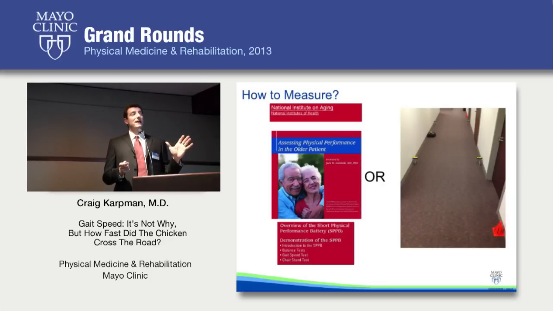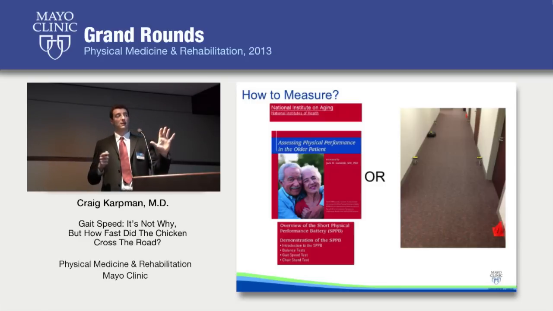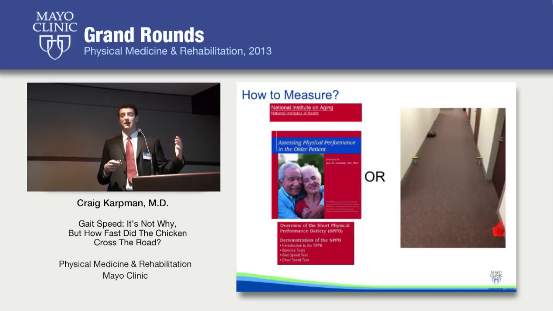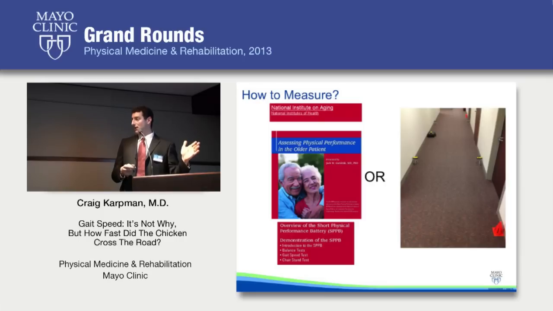I felt like we had two main options for how to approach the measurement. The National Institute on Aging and NIH have put out a nice CD, available online, that goes through the short physical performance battery, and that includes how to perform a gait speed measure. It's free and online, and it goes through in detail how to measure 4-meter gait speed.